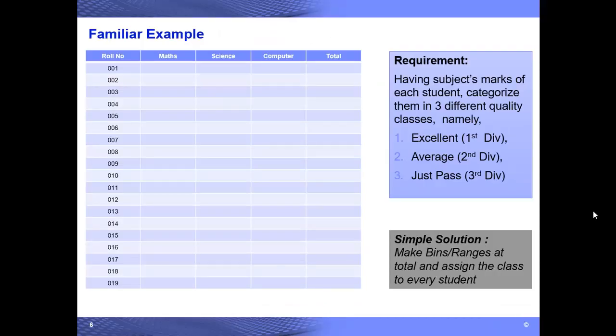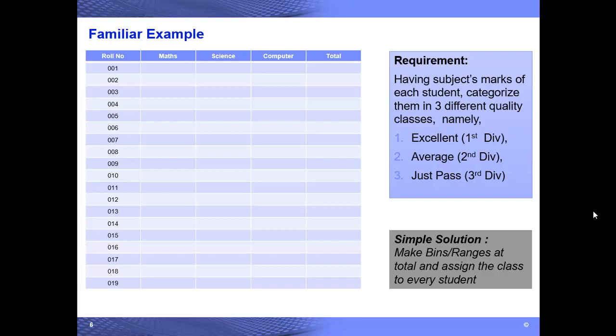Okay, so let's see a KNN classifier in this video. Before going to the KNN classifier, let us take one simple example, and this requirement has been taken from one of the schools.